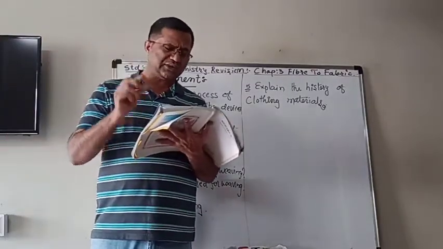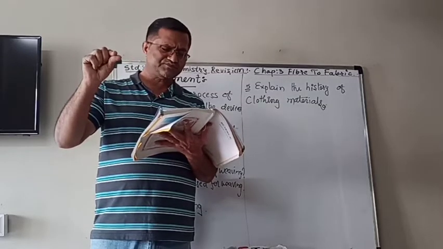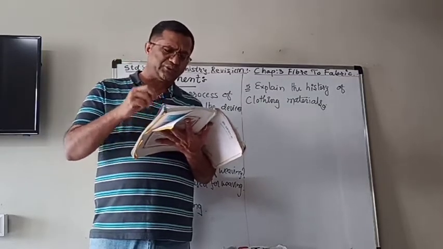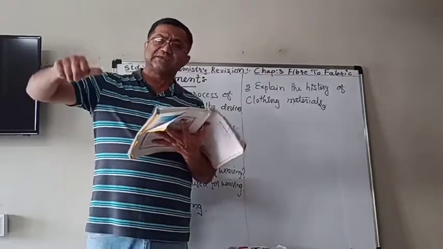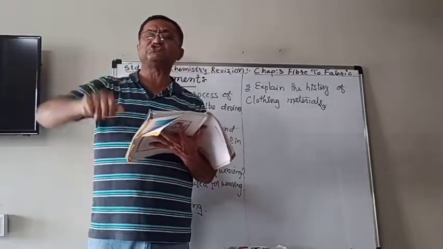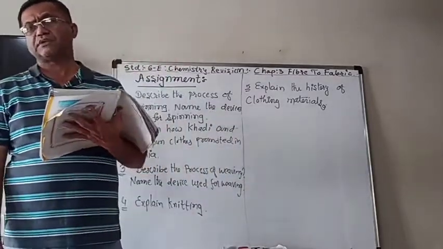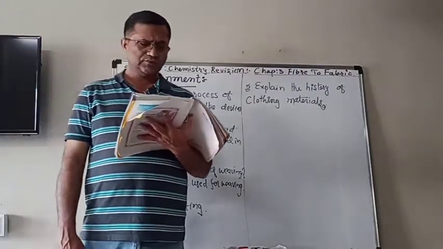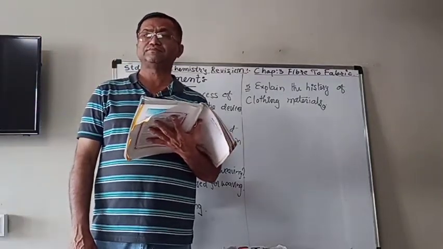So pinch some cotton between the thumb and forefinger, then gently start pulling out the cotton, and at the same time start twisting also. Then you will see that you are able to make a yarn.